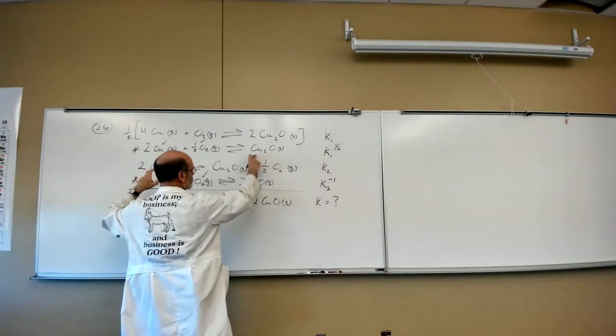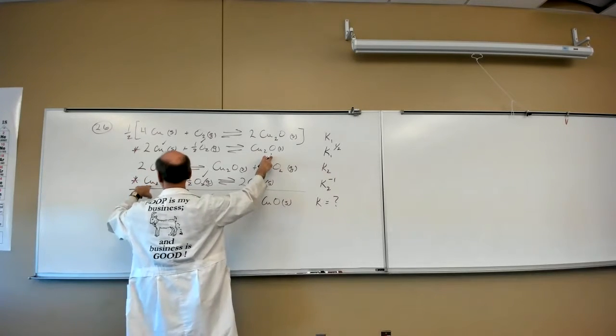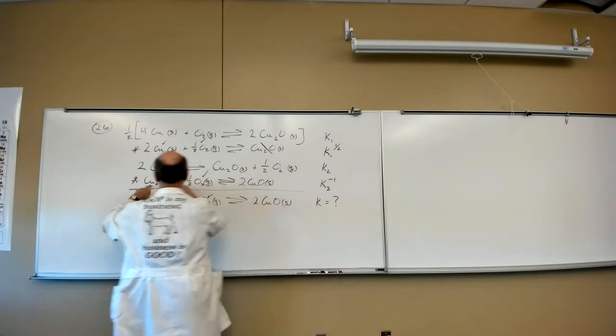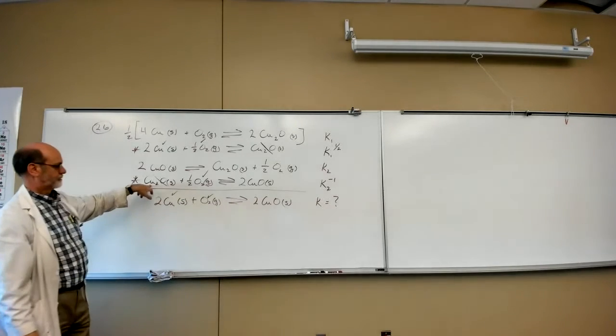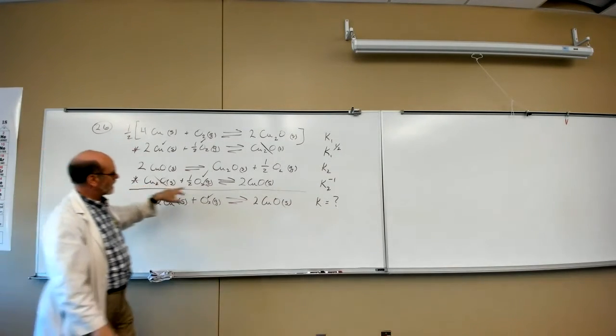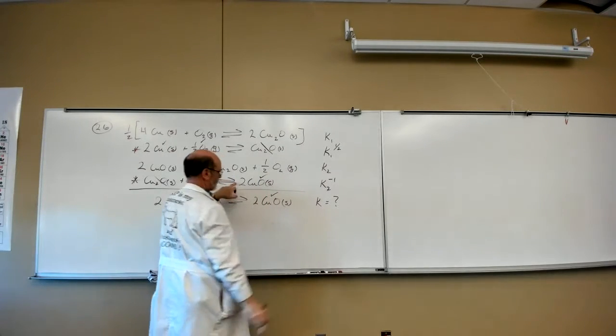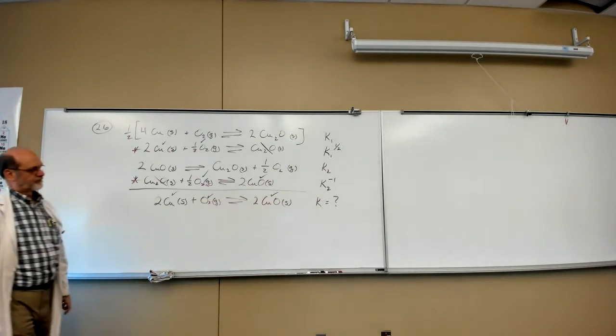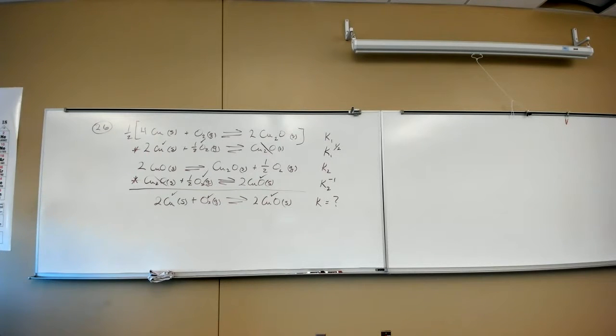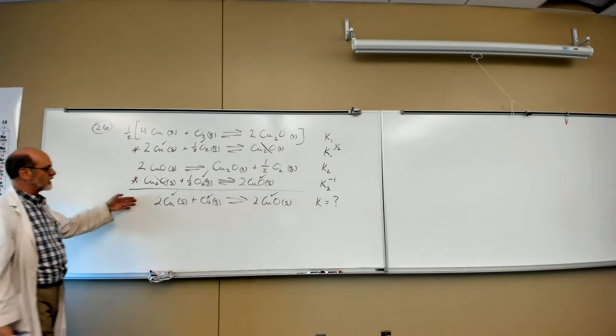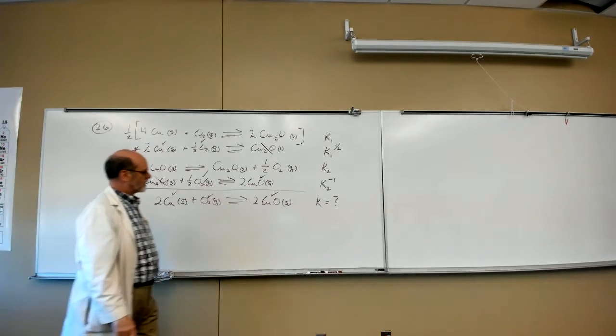This is a Cu2O, and this is a Cu2O. So those cancel. And that leaves us with nothing on that side and this one on that side. So we've got all the terms that we need out of those two equations.